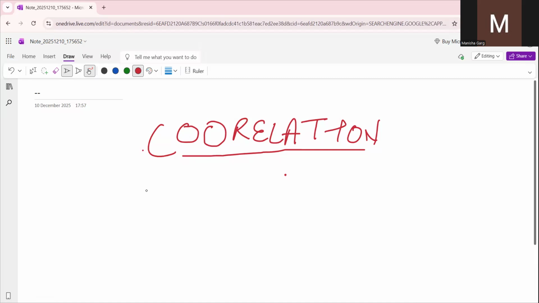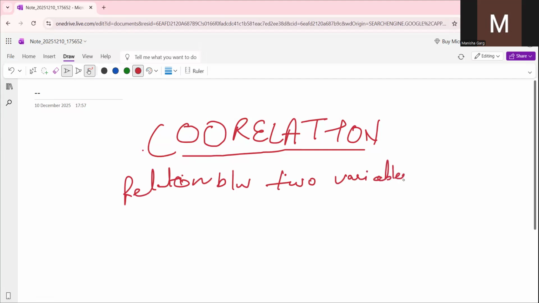So let us understand first what is correlation. Correlation means relation between two variables, that how two variables correlate with one another.